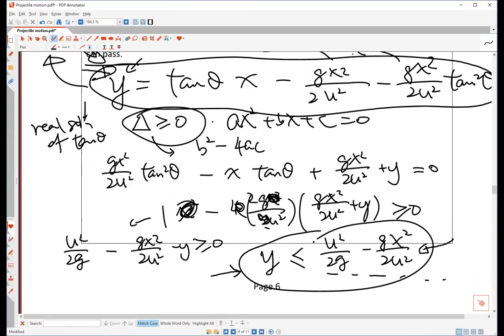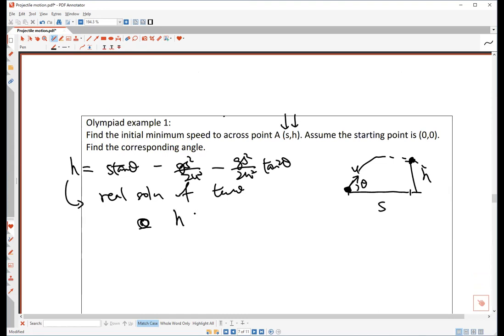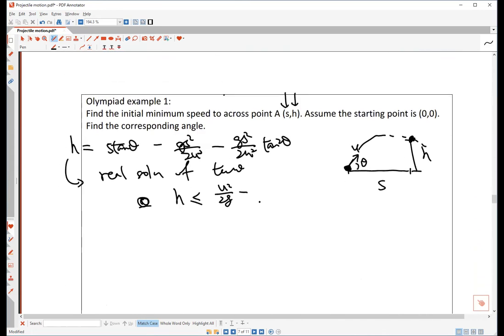So I just want to copy it down. Actually it's more than u square over 2g, and then minus gs square over 2u square. Now, this inequality seems very difficult to solve.